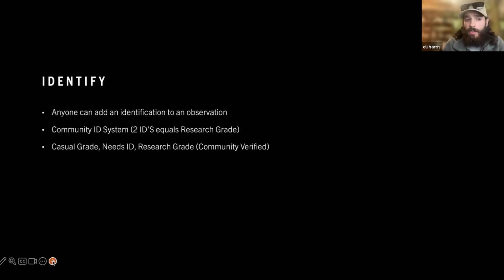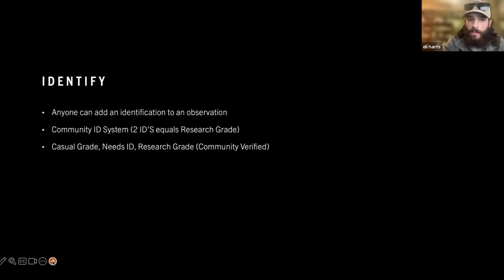So if I posted a picture of a northern cardinal, I could suggest Northern Cardinal, and then Kim would have to suggest Northern Cardinal for it to be research grade. Now, on iNaturalist, there's three types of grades.